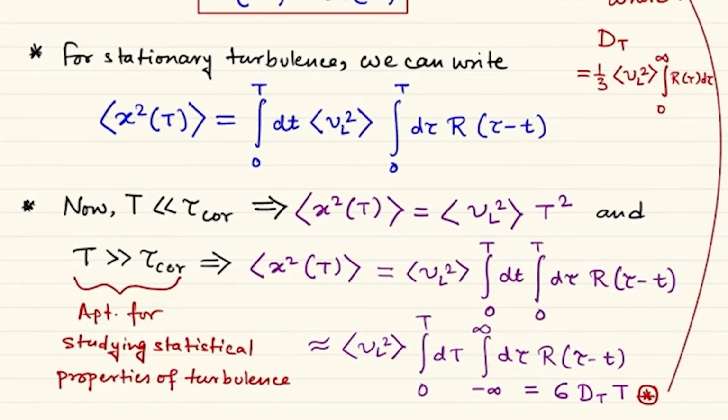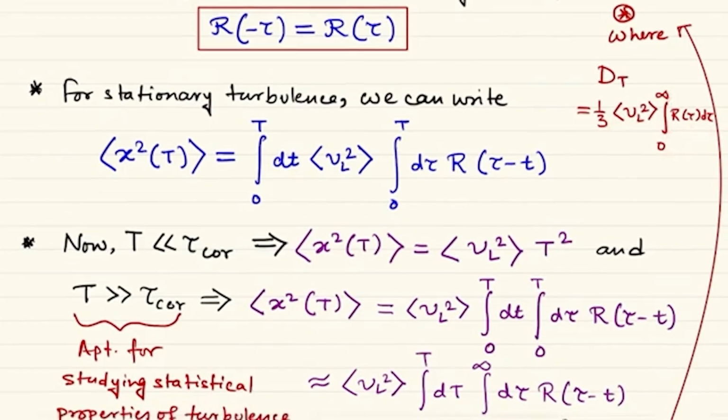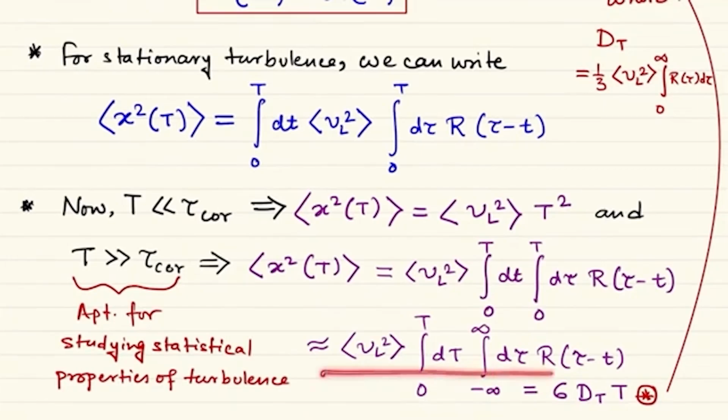So if I define a coefficient called DT, equal to 1 by 3 <V_L square> integration 0 to infinity r(τ) dτ, we can simply write the whole expression to be equal to 6 times DT times t.